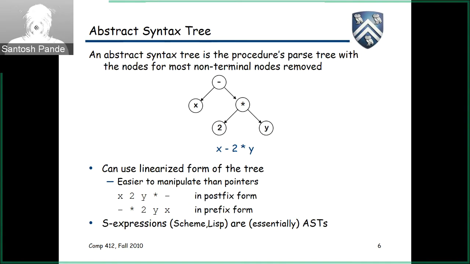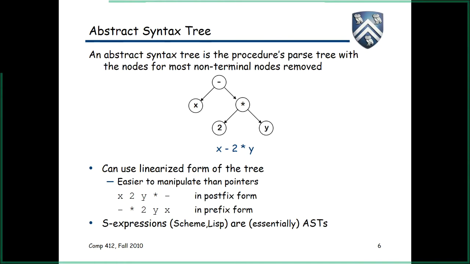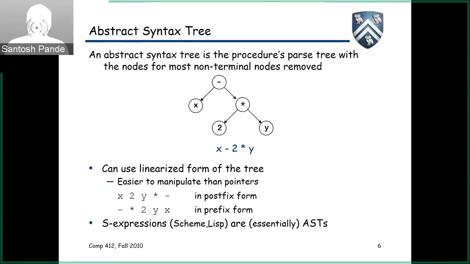So from the parse tree, we get rid of non-terminals, as I mentioned, and we want to keep certain simple references which are organized by the hierarchy of computation. So if we have something like x minus 2 times y, that is represented as an AST over here, and we could then try certain transformations of these to make them more efficient.